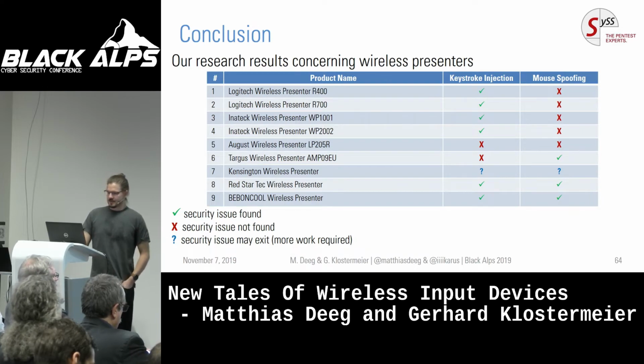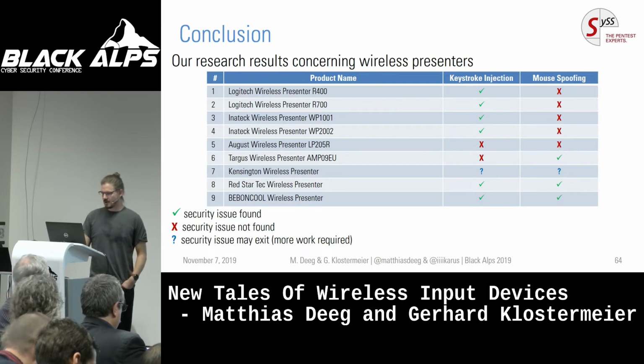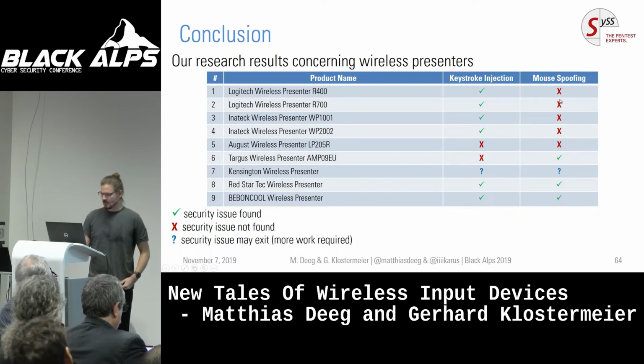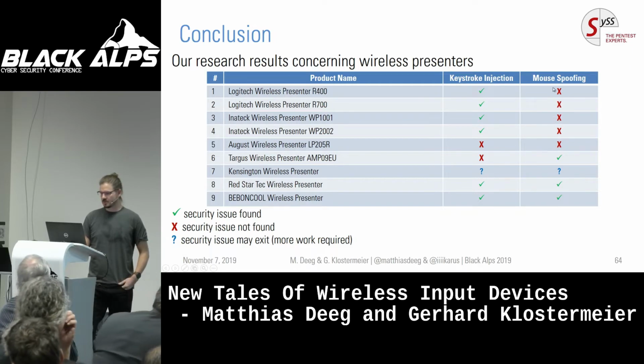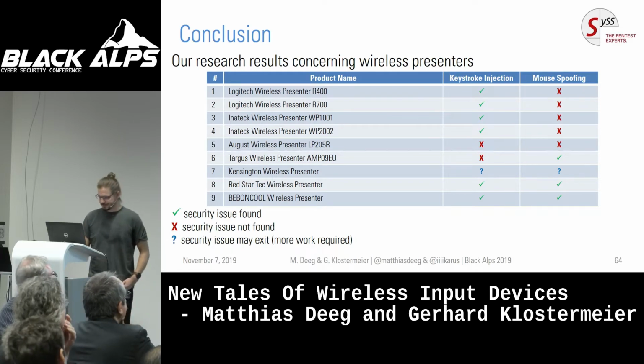So from the presenters we had a closer look at, most of them are vulnerable to keystroke injection. Some of them had some sort of whitelisting, a little bit better. And for some of them, mouse spoofing worked. This does not mean there's no mouse spoofing; these presenters just didn't have a mouse pointer in them.